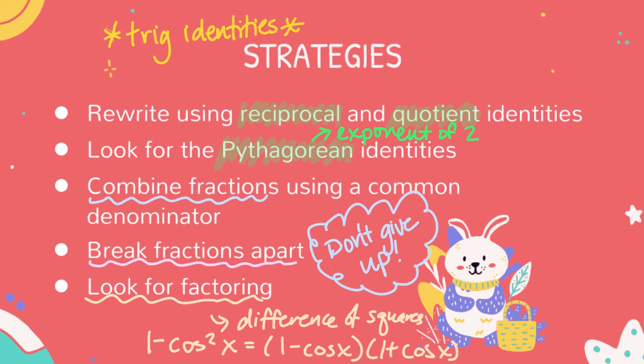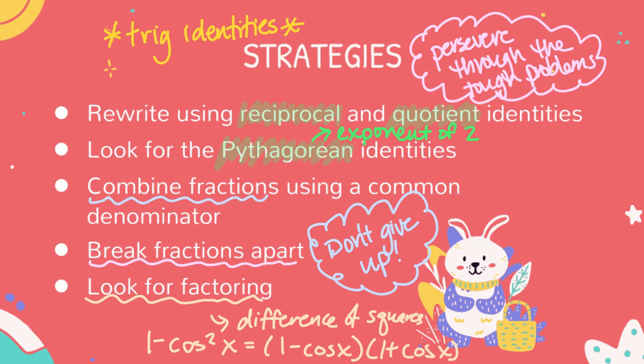It doesn't make you any less good at the math. In fact, when you persevere through solving problems, it makes you even better at doing math. So don't expect to get them the first time you try them. There's very few people who do get them the first time that they try them. So it's okay to have to try them a couple of times.